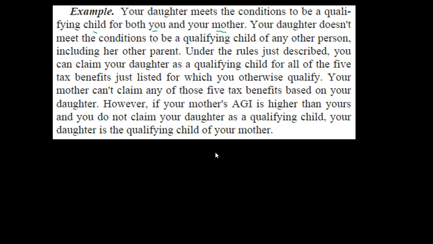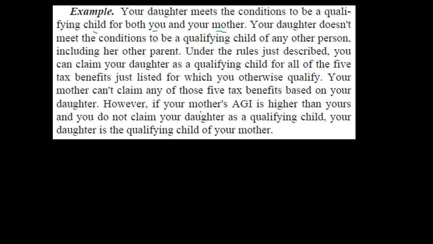But in that case, if your mother's AGI was higher, and you do not claim the daughter, your daughter is a qualifying child of the mother. And you can imagine a situation, well, would you ever want that to happen? Well, maybe. Maybe if the mother's AGI is higher, then there would be a tax benefit.